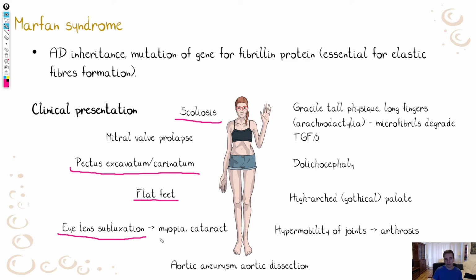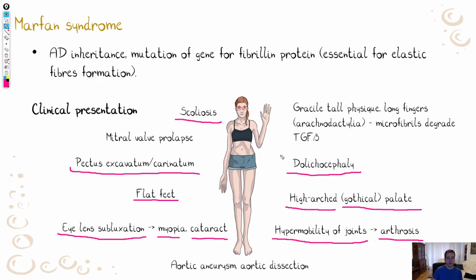And as a consequence, they develop myopia and very often accelerated cataract. Dolichocephaly, which means long skull. And another typical feature is a high-arched, so-called Gothic palate. The joints are typically hypermobile, which can accelerate arthrosis of those patients, especially in older age.